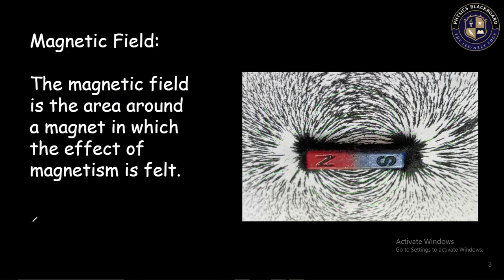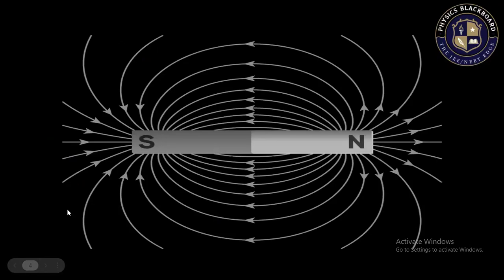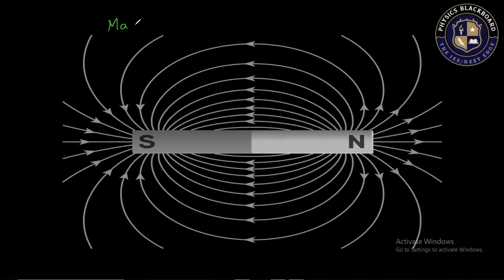Moving further, we'll discuss the properties of magnetic field or magnetic field lines, one by one. Initially, magnetic field is a vector quantity. You know that a vector quantity is one which has both magnitude and direction.